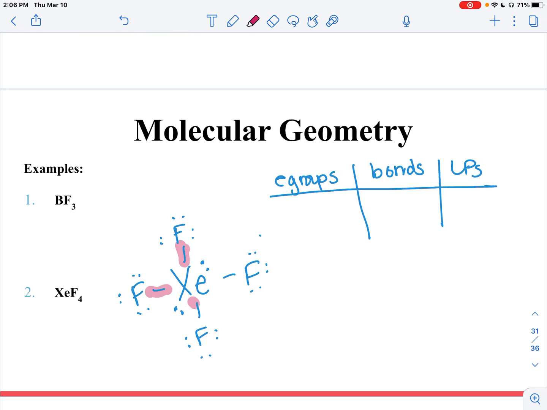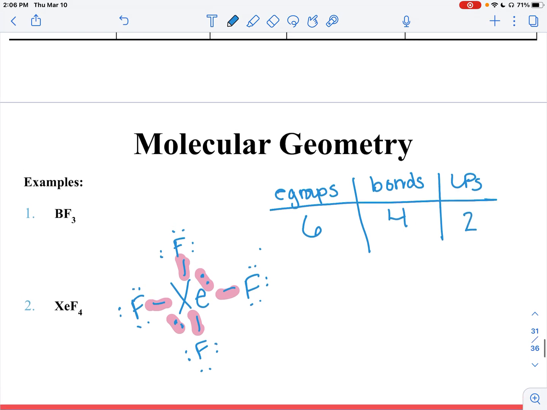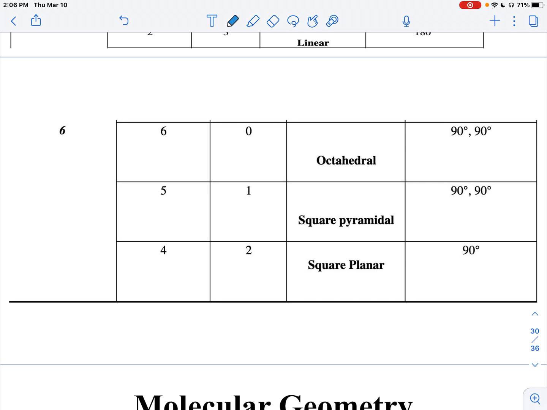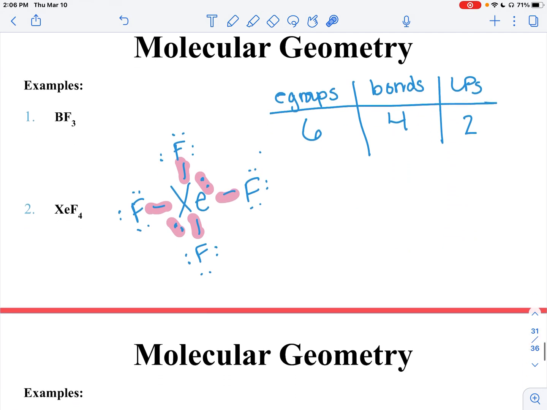We have 4 bonds and 2 lone pairs. So that's a total of 6 E groups. 4 of them are bond groups and 2 are lone pairs. So we go up to our chart. 6, 4, 2 is square planar. And the bond angle between all of the terminal atoms is going to be 90 degrees.